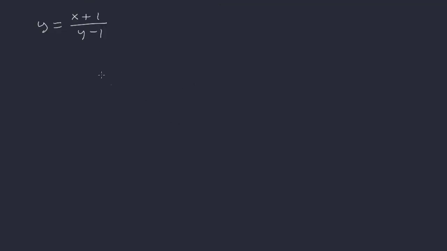All right, for our next example, let's look at y is equal to x plus 1 all over y minus 1. Now, I think a lot of people, when they first see this, will go straight to just differentiating everything, right? Which you can. The only thing is here, if you do, say, dy dx on this side, that's not too bad. But then on this side, you have to use the quotient rule.